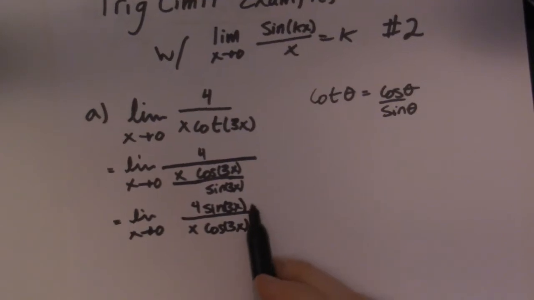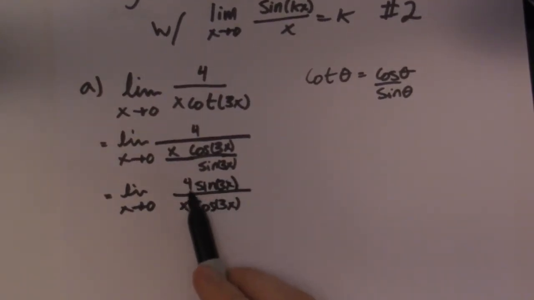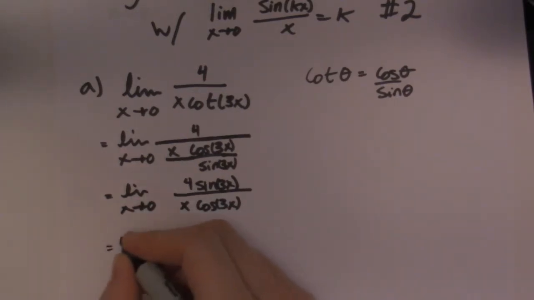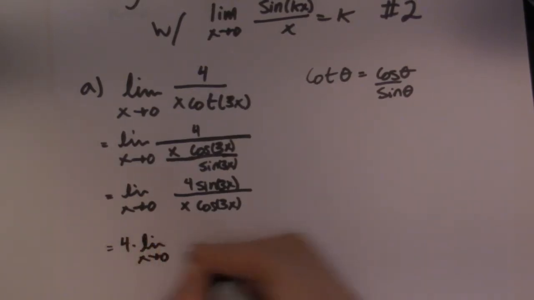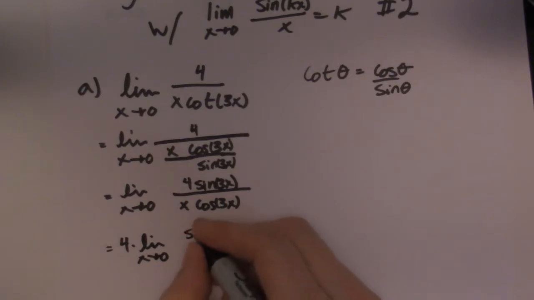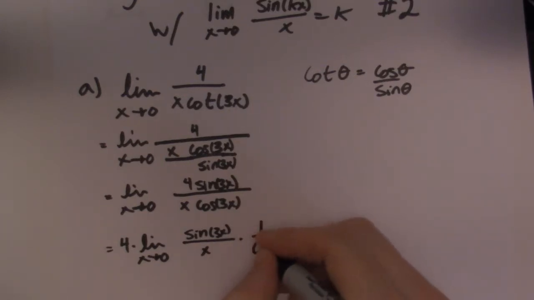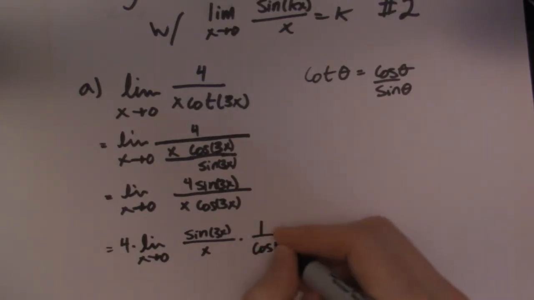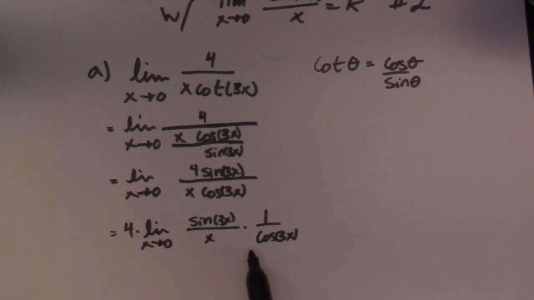You can see how this is shaping up. I've got a sine 3x and an x, so I'm going to match these together. This 4 I'm just going to chuck outside the limit because it doesn't do anything for me in here. Then I'm left with sine 3x over x, matching up these two, and then 1 over cos 3x. That's exactly the same thing, I just rewrote it a little more friendly.